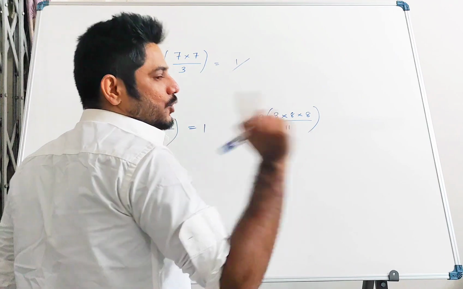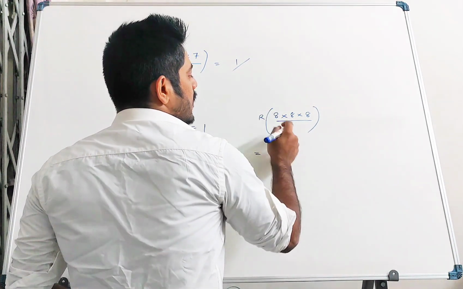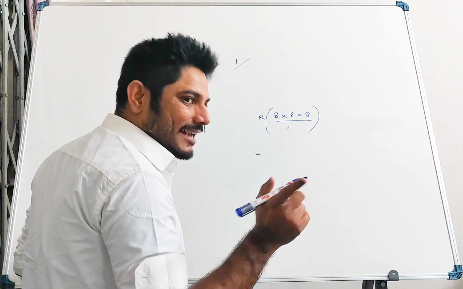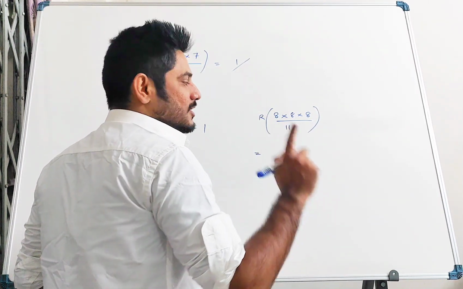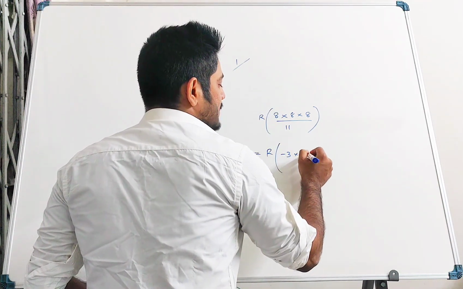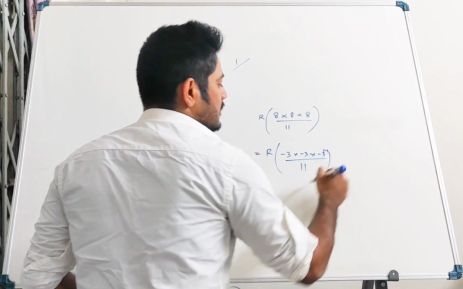But I'm going to use my negative remainder concept. What is the remainder when 8 is divided by 11? It is 8 or minus 3. So I would go with minus 3. It can be written as minus 3 times minus 3 times minus 3, divided by 11.